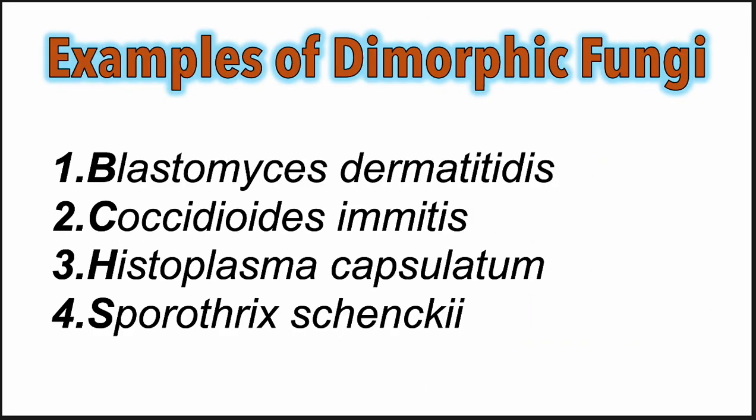So these are the examples of dimorphic fungi. Number one, we have Blastomyces dermatitidis. Number two, we have Coccidioides immitis, that is what we call valley fever. They live in soil also because they are fungi.